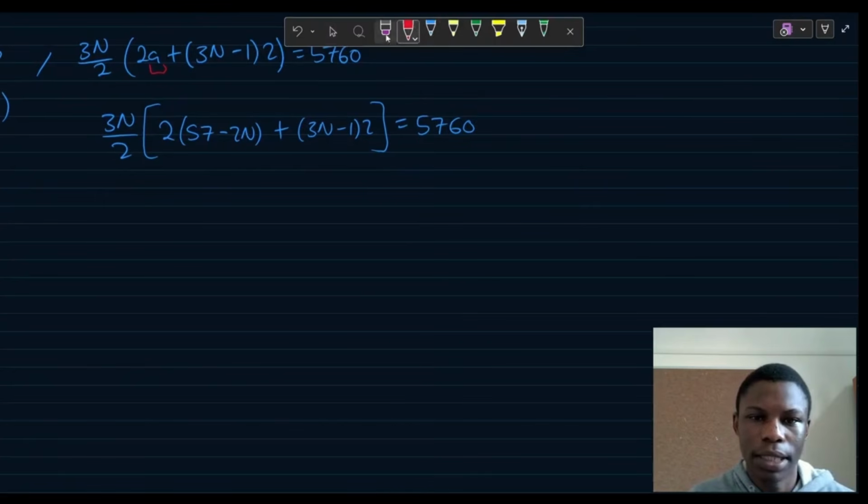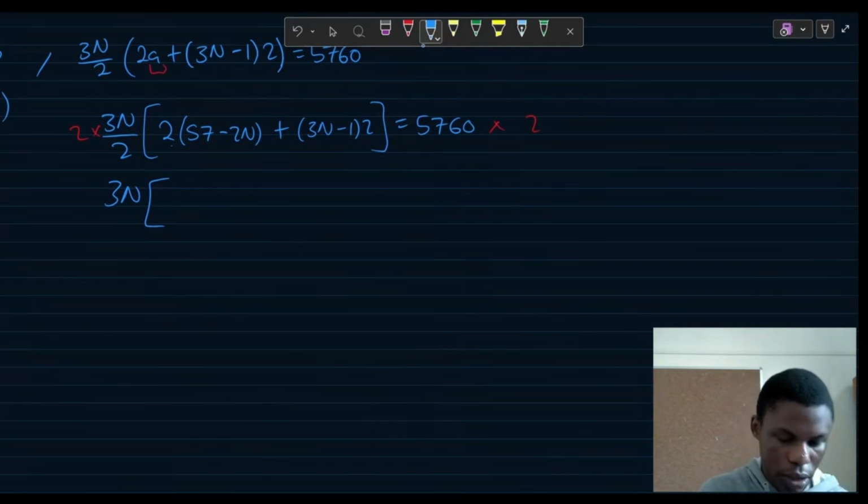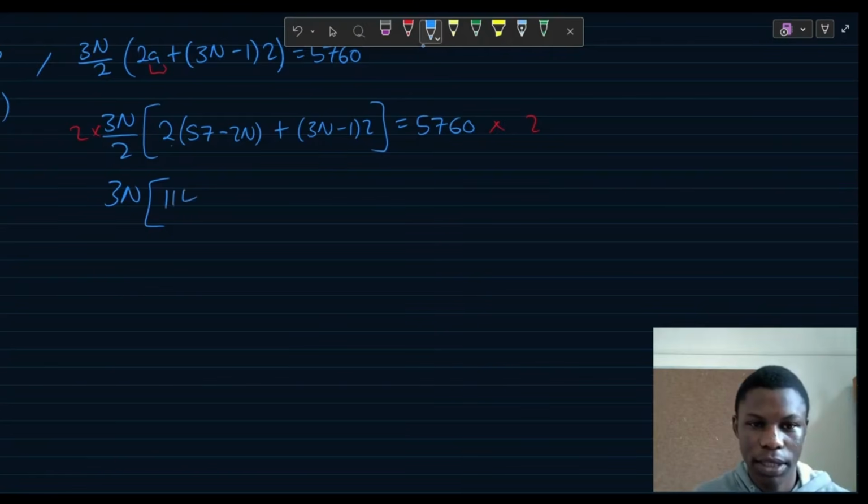So I think for starters, we can just multiply both sides by 2 to get rid of that fraction. And so I've got 3n outside here, and it's multiplying 2 times 57. That's 114, right? My word.